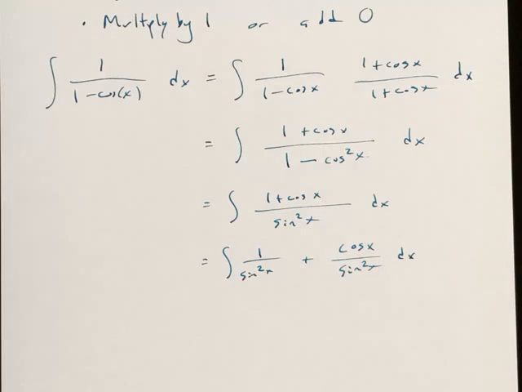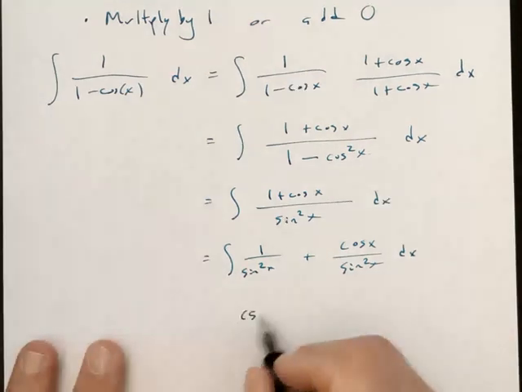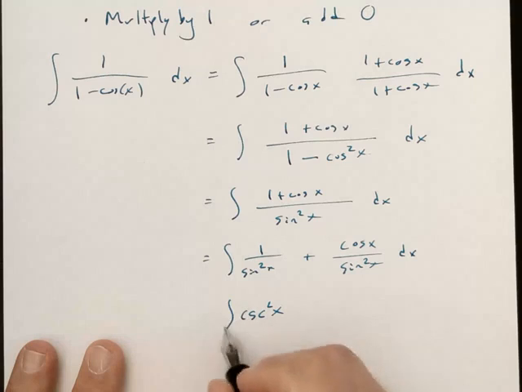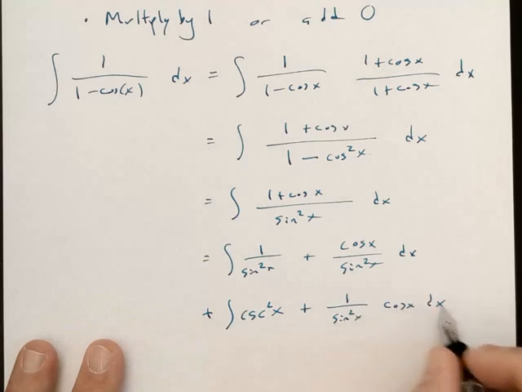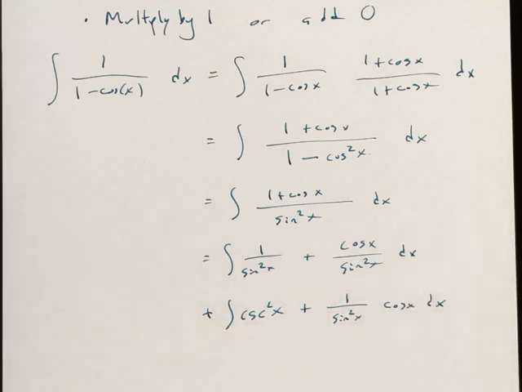Well, because 1 over sine squared is cosecant squared. And then I have 1 over sine squared times cosine x dx. Do these as two separate parts. The first one is on my formula sheet. That's negative cotangent of x. Second one is a u substitution.